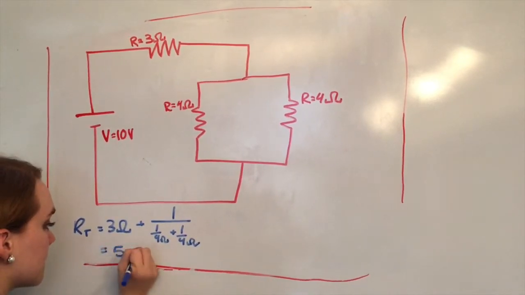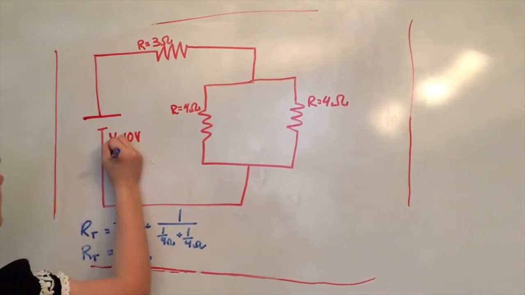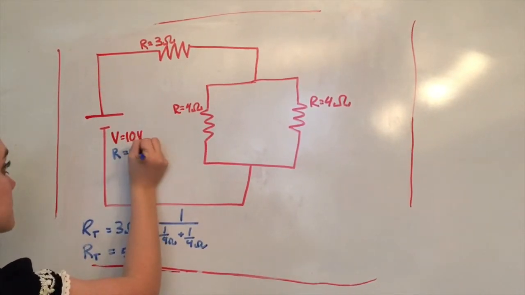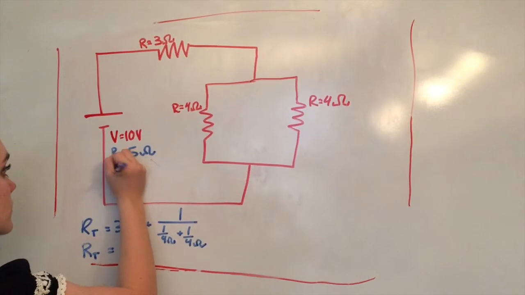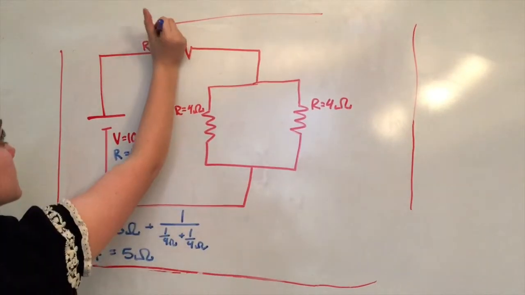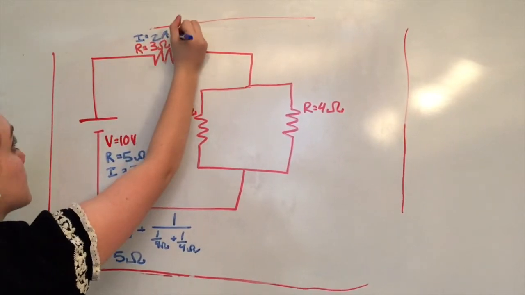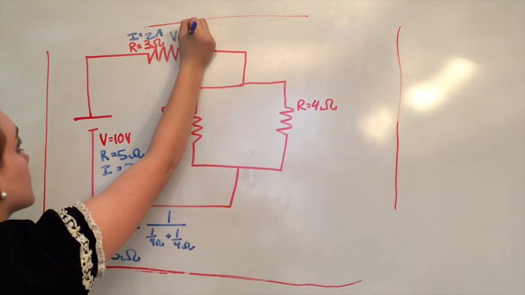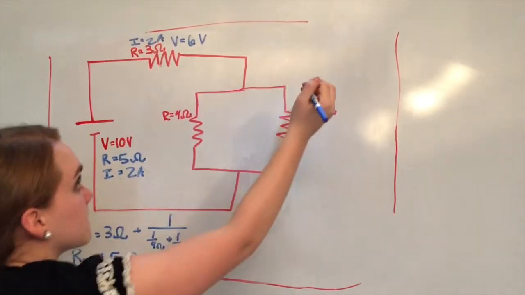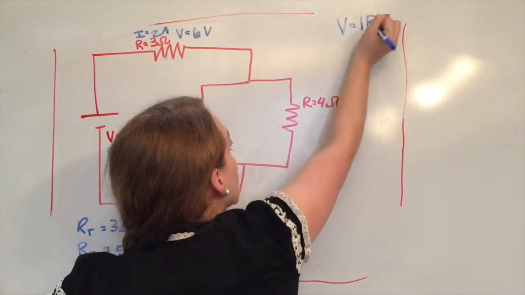Using the formula voltage equals current times resistance, we can find the total current for the circuit to be 2 amps. Every resistor in series will have 2 amps as well, so we can now find the voltage of the first resistor, which is 6. Now we know that 4 more volts need to be accounted for to make the total of 10 volts. Therefore, both branches of the parallel section will have 4 volts.